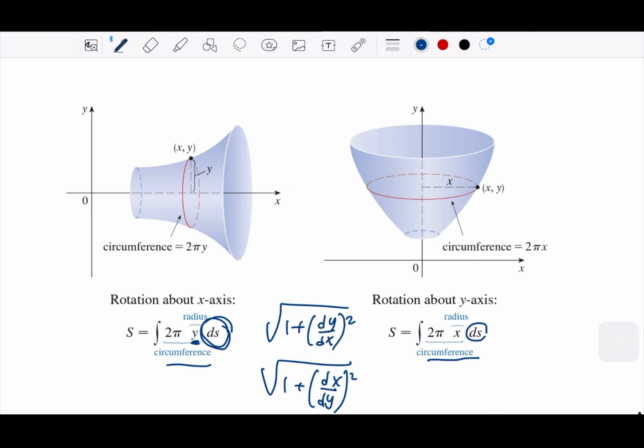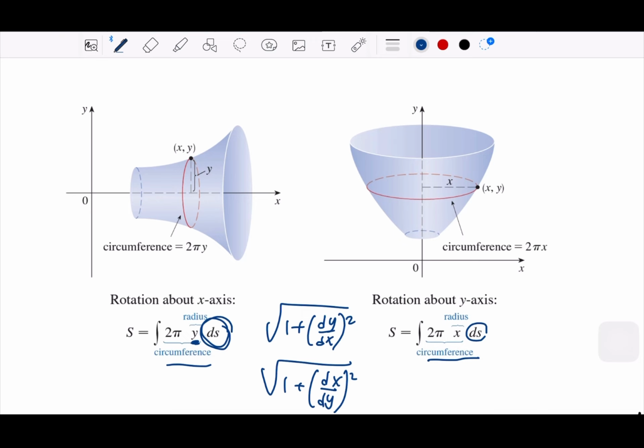For example, on this left side, if the ds is easier to be computed by dx, then you need to define y in x. If the ds is already in dy, then you can just write this y. And the same thing for this right side. If the ds is already easy for you to solve in x, then you could just write x. But if it is a dy, then you need to define x in y.